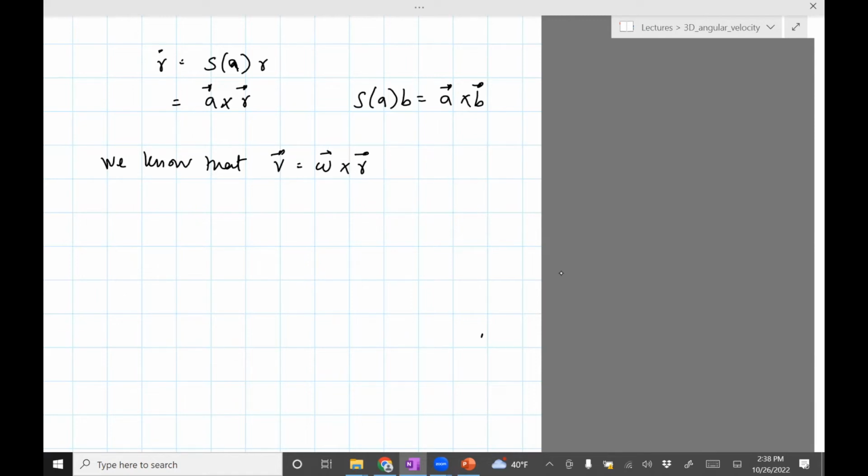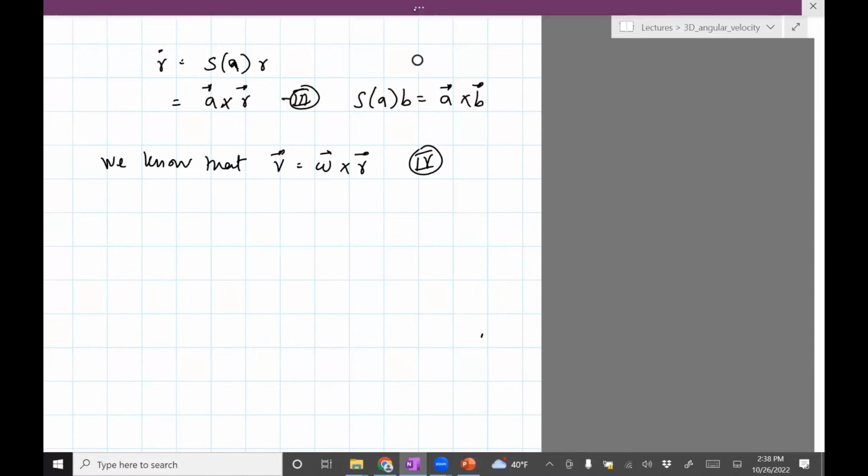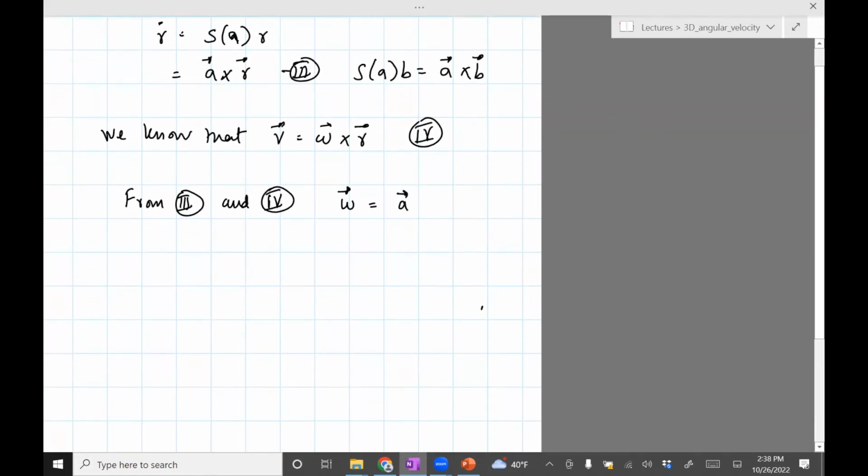Let's call this 3 and 4. So it has to be that A is nothing but the angular speed. From 3 and 4, omega is nothing but A.